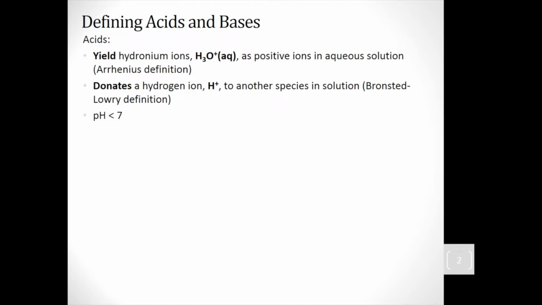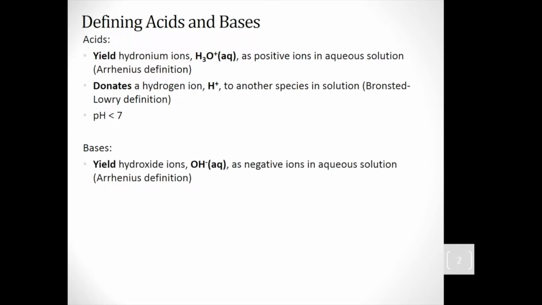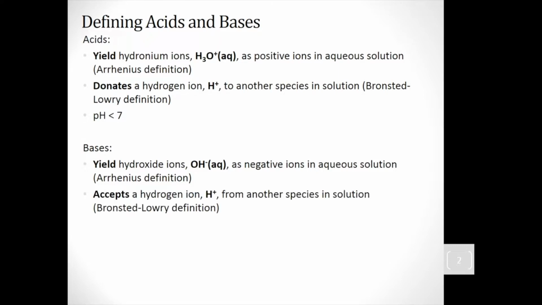If you say that it donates a hydrogen ion, or donates H+ to another species in solution, this is the Bronsted-Lowry definition. There's also a Lewis definition that you will learn about and apply. No matter what, when we're talking about acids in Gen Chem in aqueous solution, we mean something that has a pH less than 7.